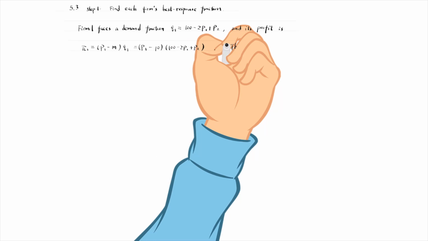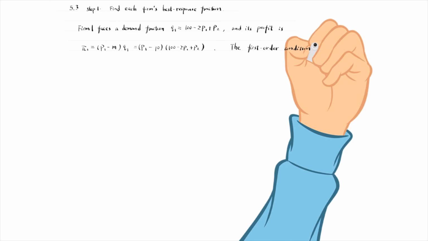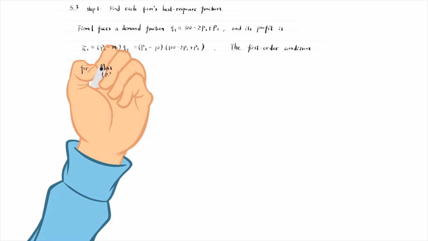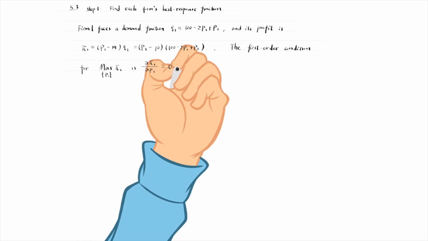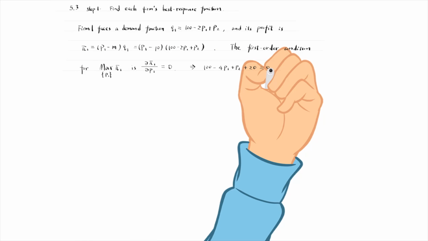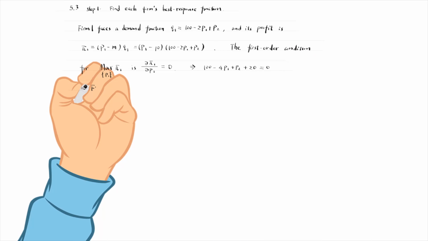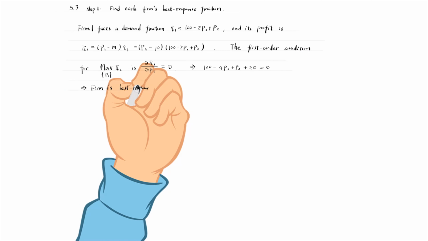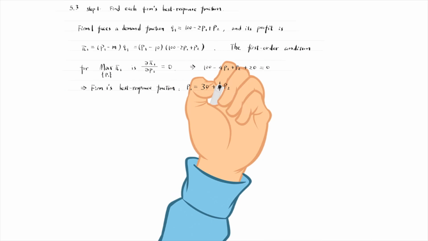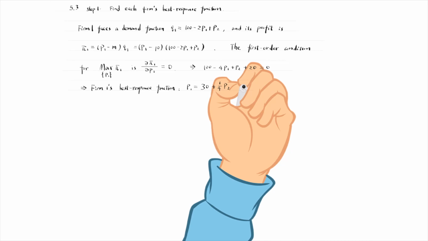The first-order condition for profit maximization is the derivative of profit with respect to price equals 0. It leads to firm 1's best response function. It tells us the optimal price firm 1 charges that maximizes its profit for each price firm 2 sets.